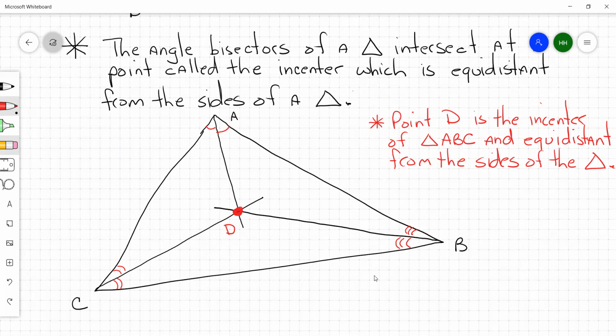Every triangle has an incenter. This incenter is now the center of a circle that can be drawn inside of the triangle. Okay? So now there's a circle we can draw inside this triangle.